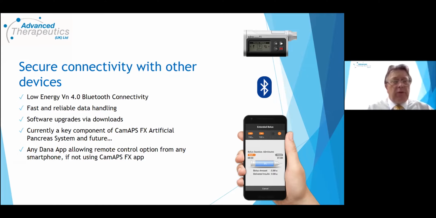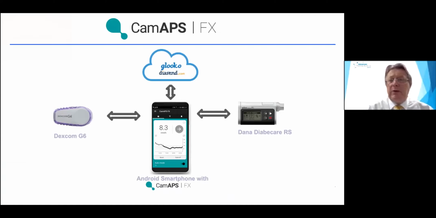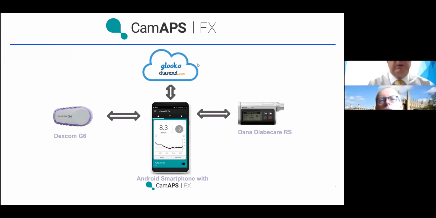So as I said before, you can use it on its own with a smartphone app or through artificial pancreas programs. So I think that's the pump. I'd like to hand over now to Professor Hovorka and his team, who will go through the app and the clinical background, as I said before, and the practical issues surrounding training and support in the clinics.